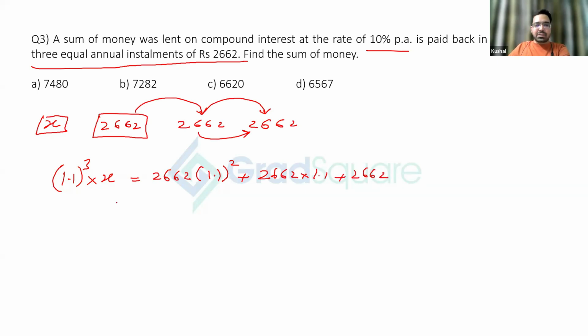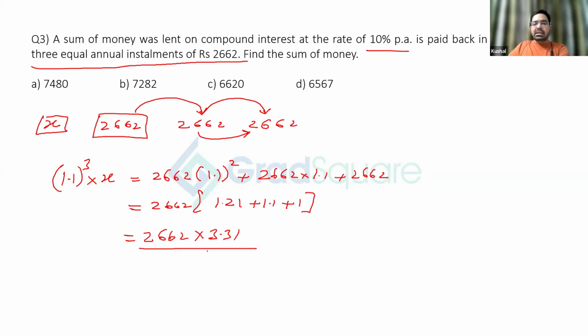Solving this equation will get you the value of X. So 2662 common, 1.21 plus 1.1 plus 1. So 2662 into 3.31 is what you are getting. Divide that value by 1.331. That is the value of X.